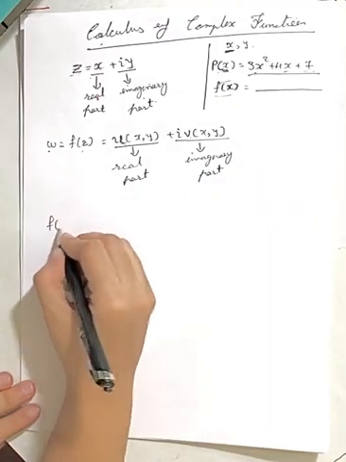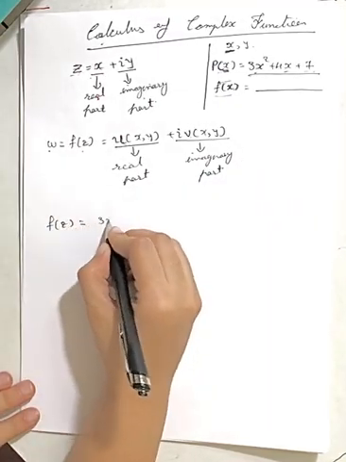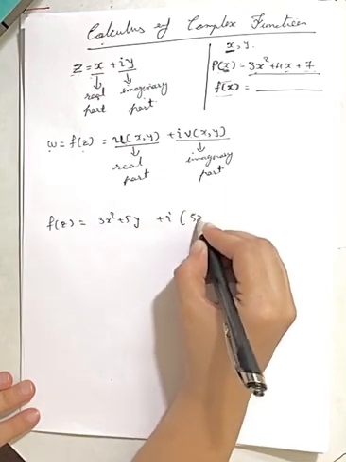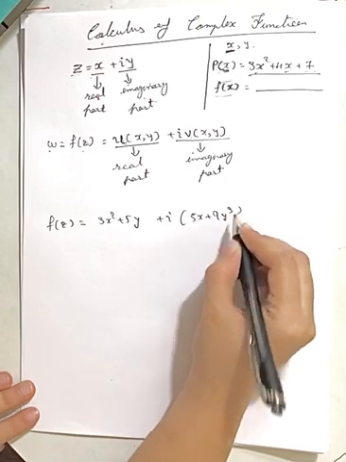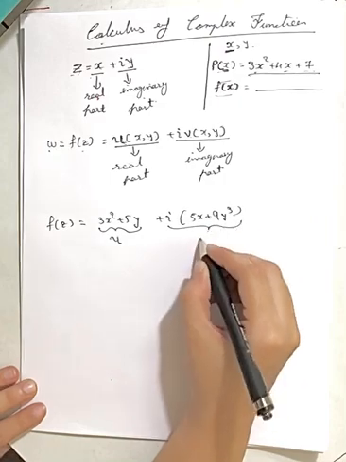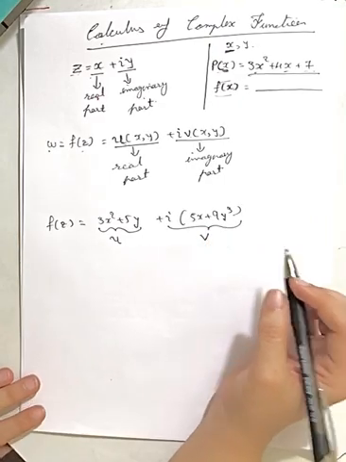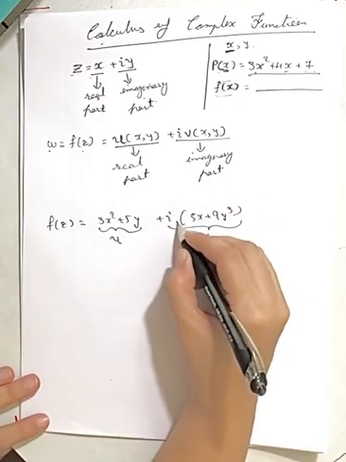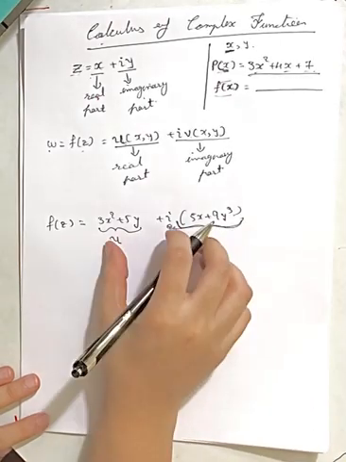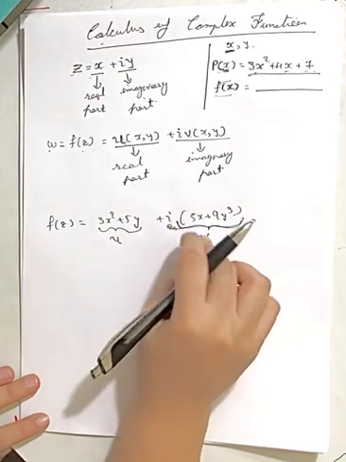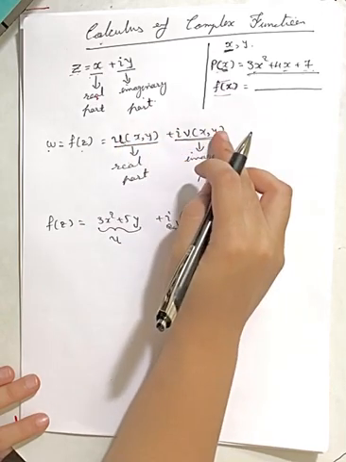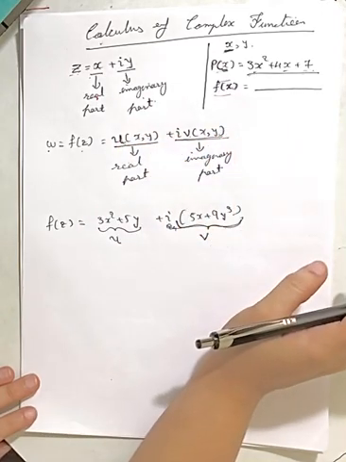For example, let's say that f of z is equal to 3x square plus 5y plus i times 5x plus 9y cube. Here you can easily compare and say that this is the real part u and this is the part v. v and u both are real, but v together with i, this whole becomes imaginary, while u and v separately are real parts.